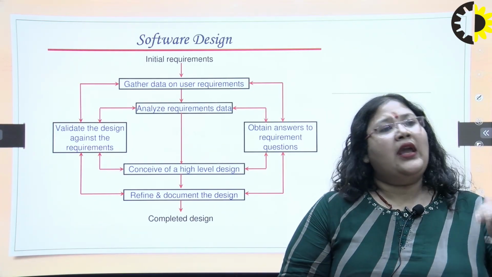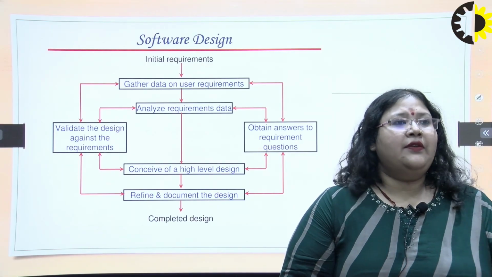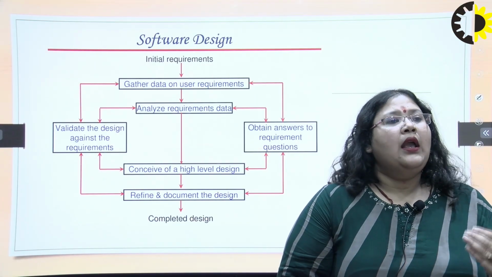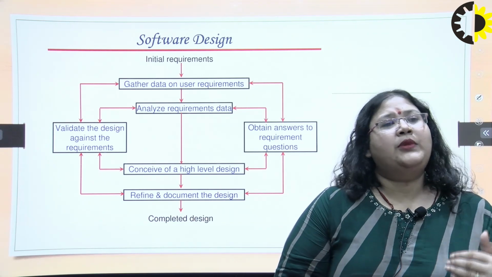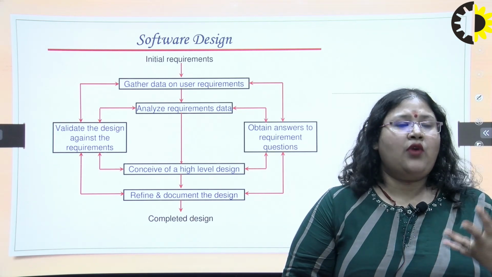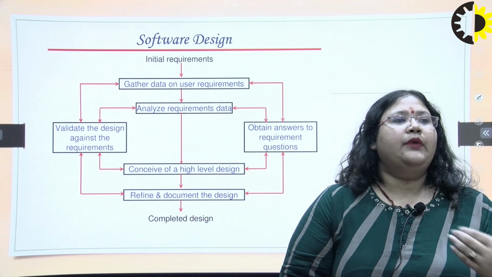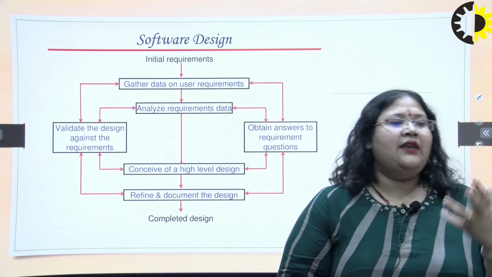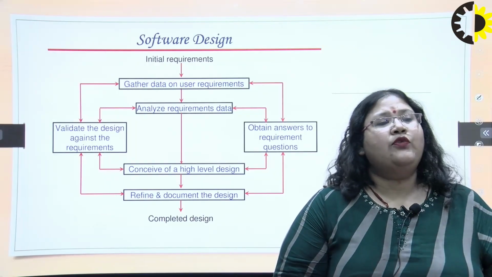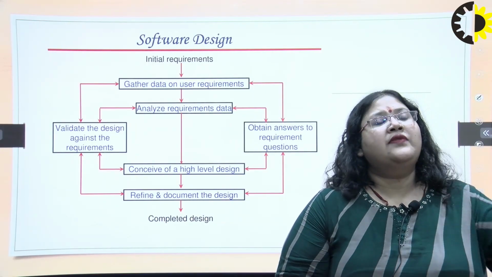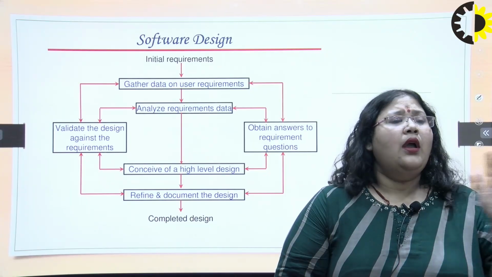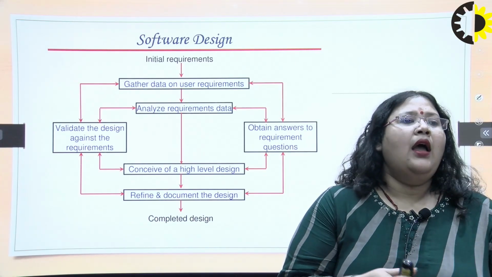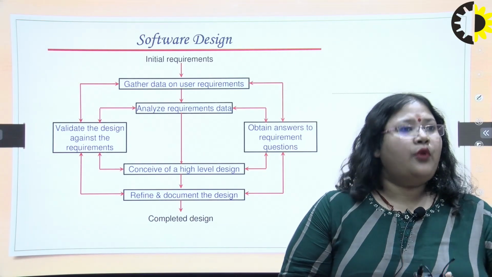Then we analyze the requirements on the defined or gathered data. After that, we obtain the answers to the requirement questions. Then we create the high level design, then refine the designs. If the refinement is complete, then we validate the design. This process we have to repeat from time to time. So, this is the complete software design process.